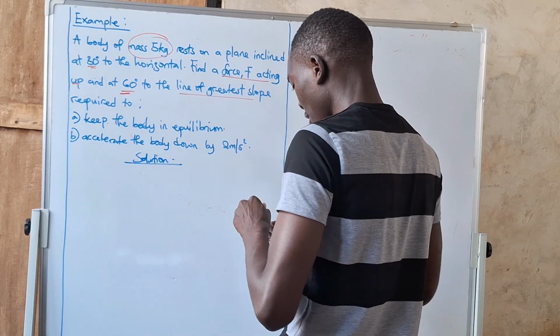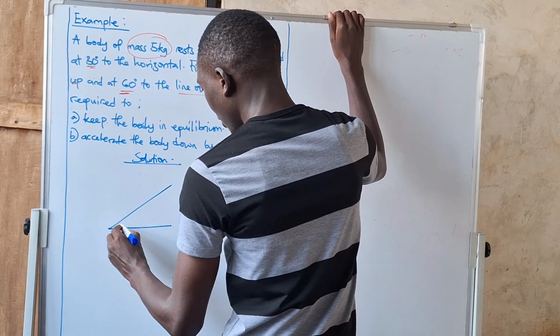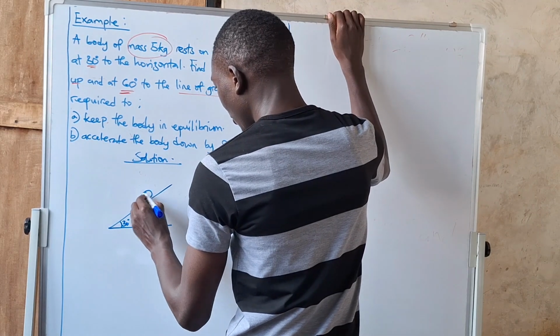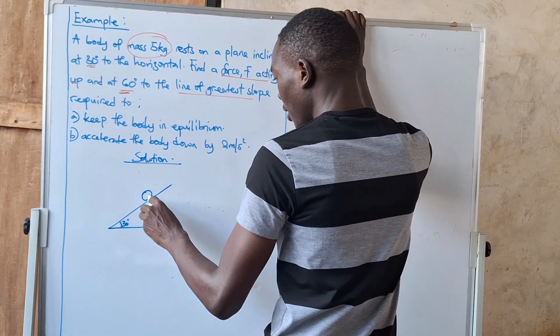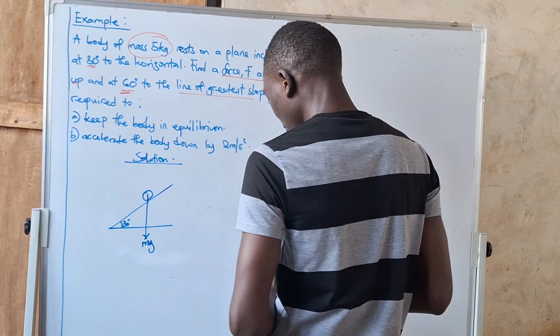And as you sketch, you know that we have here 30 degrees. So I have my force, my body. There are two forces. First of all, I have the weight, mg.